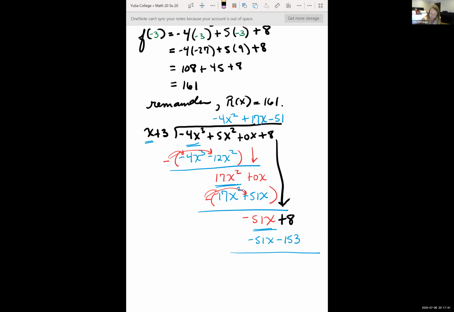Subtract this off. So this is positive 51x minus 51x cancels. This is really 8 minus a negative 153. So 8 plus 153, which is 161.